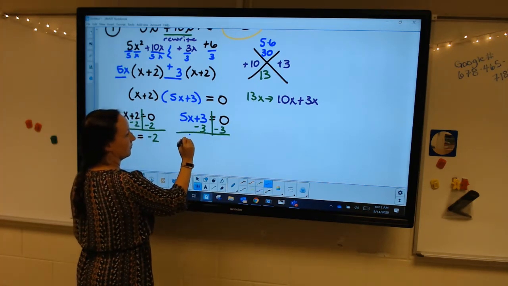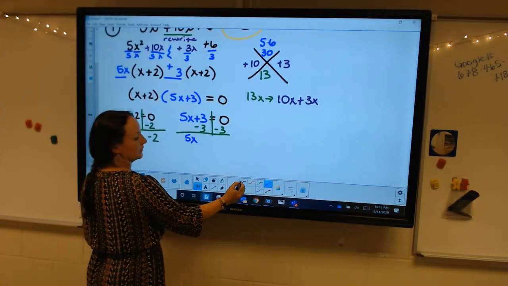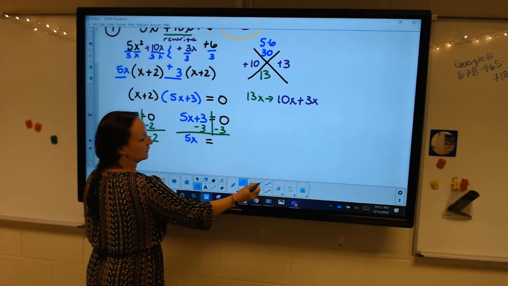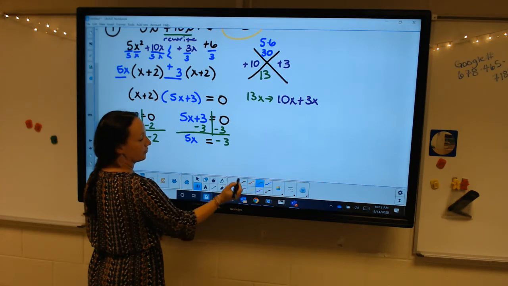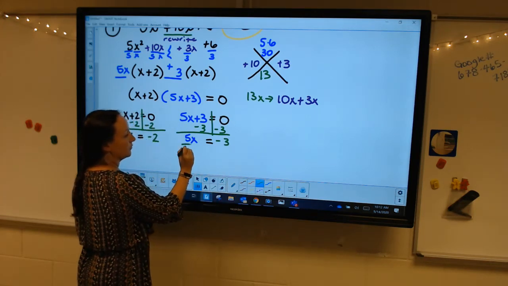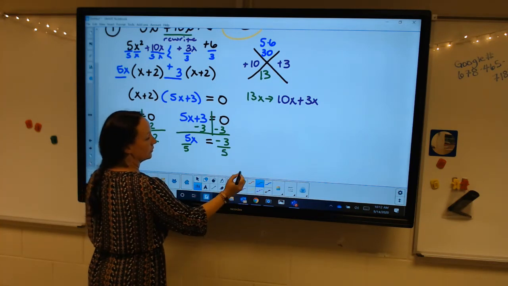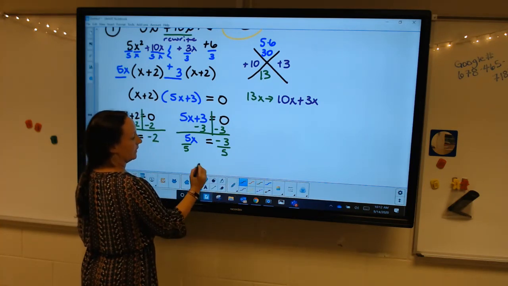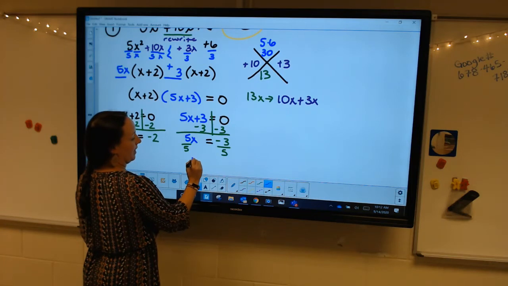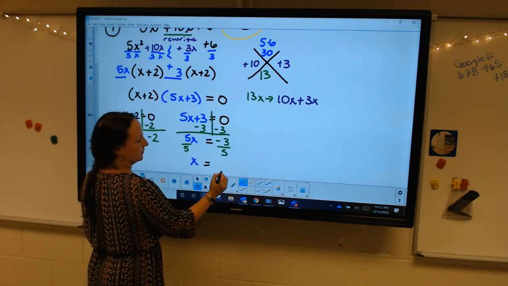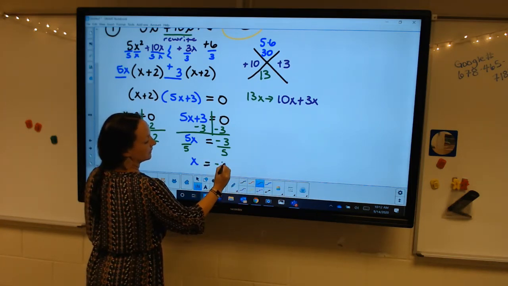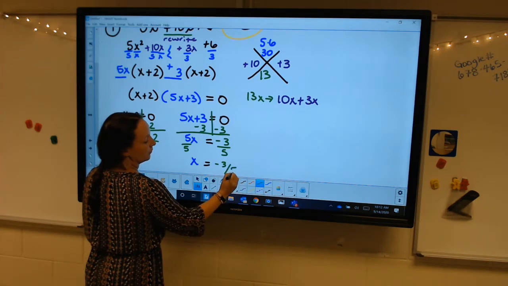So I have 5x equals negative 3. And then I will need to divide the 5 over to the other side, leaving me with x equals, and we'll just leave that as a fraction, negative 3 over 5.